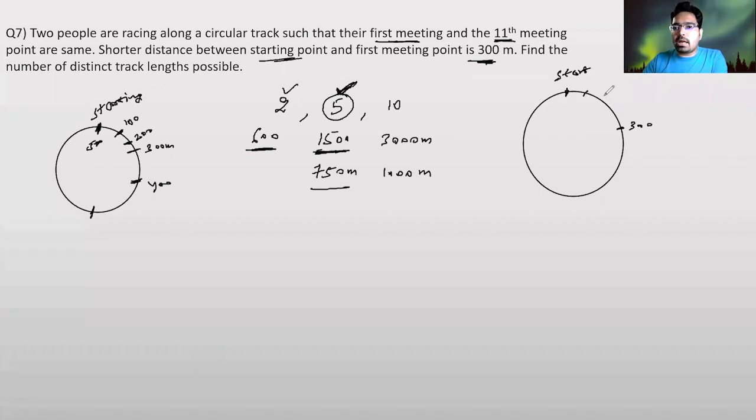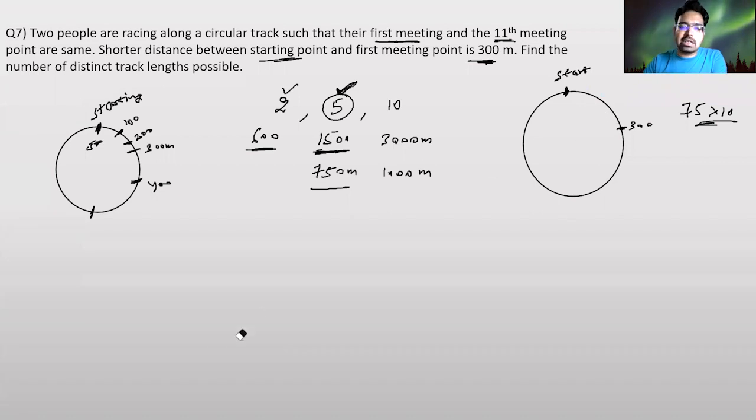So if I take 1, 2, and 3 distinct points over here, I've basically divided from 0 to 300 into 4 equal parts. So one of the parts will be 75. If one of the parts is 75 multiplied by 10, that will become 750. That has already been counted. So once again, we don't have any further thing to do. So let me now divide this into 5 parts.